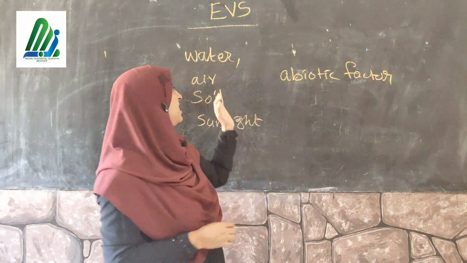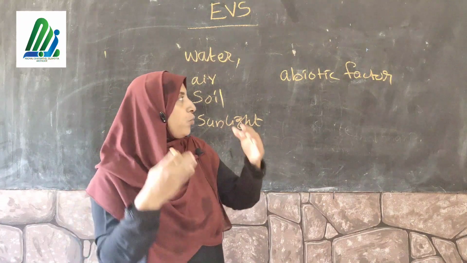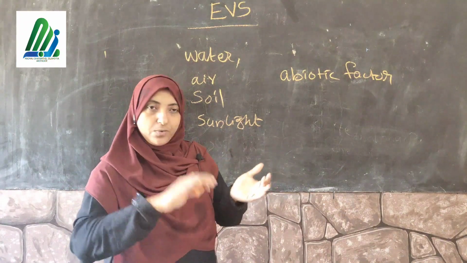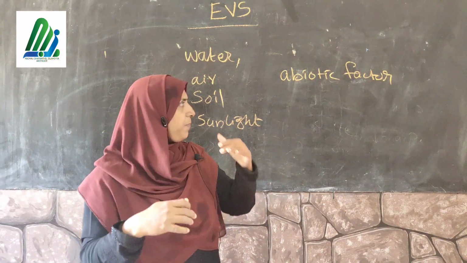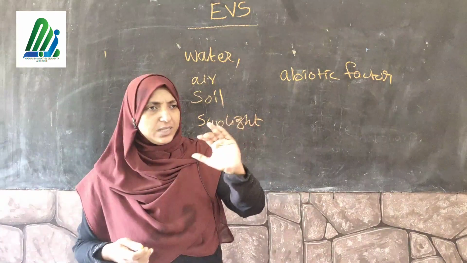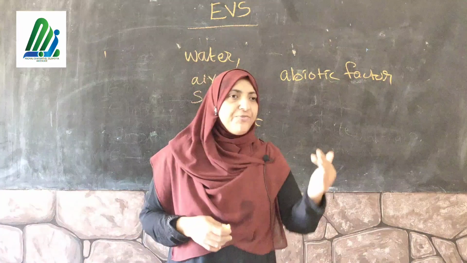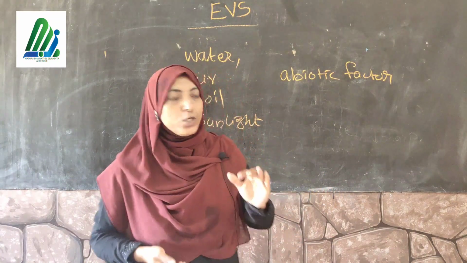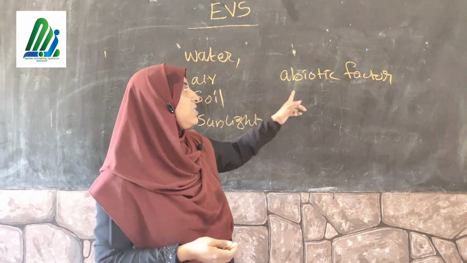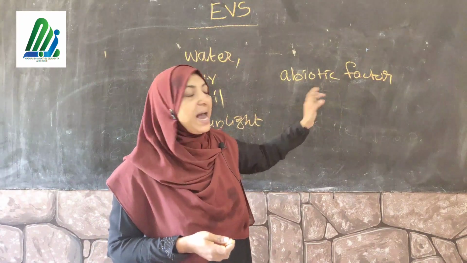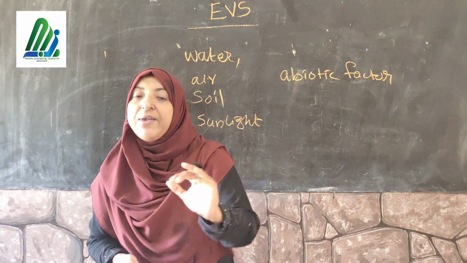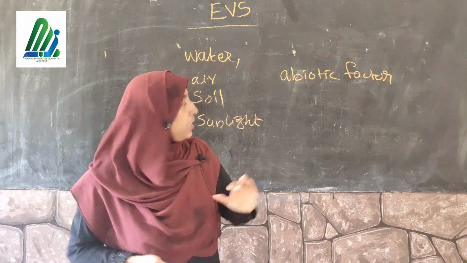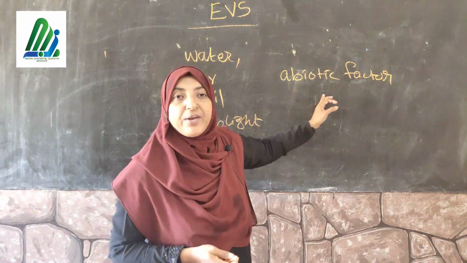That means these things can't move or shift from one place to another without the pressure of any other thing. So we can say these things are abiotic factors. That means they are non-living things. Clear? So such things are called abiotic factors.